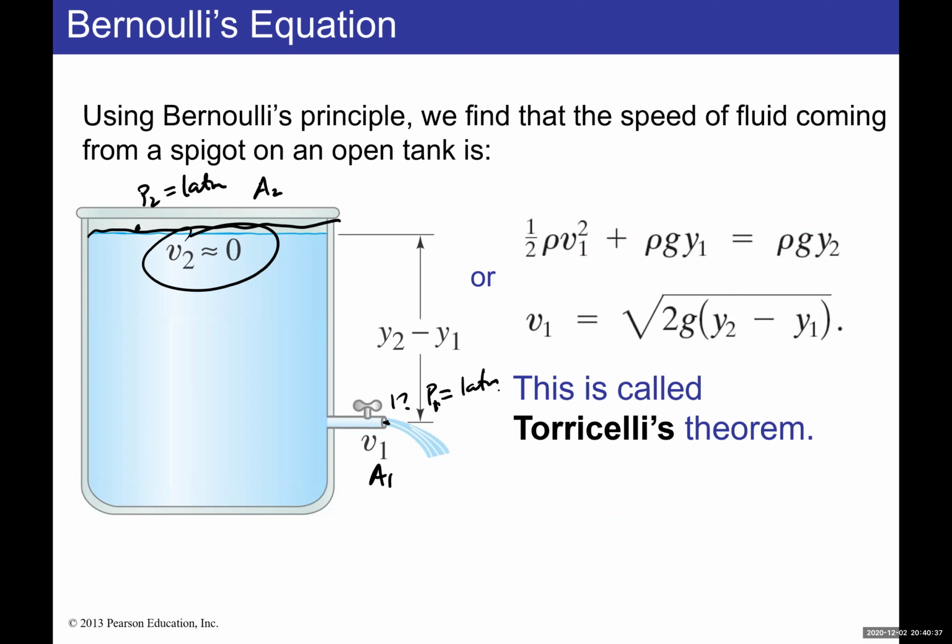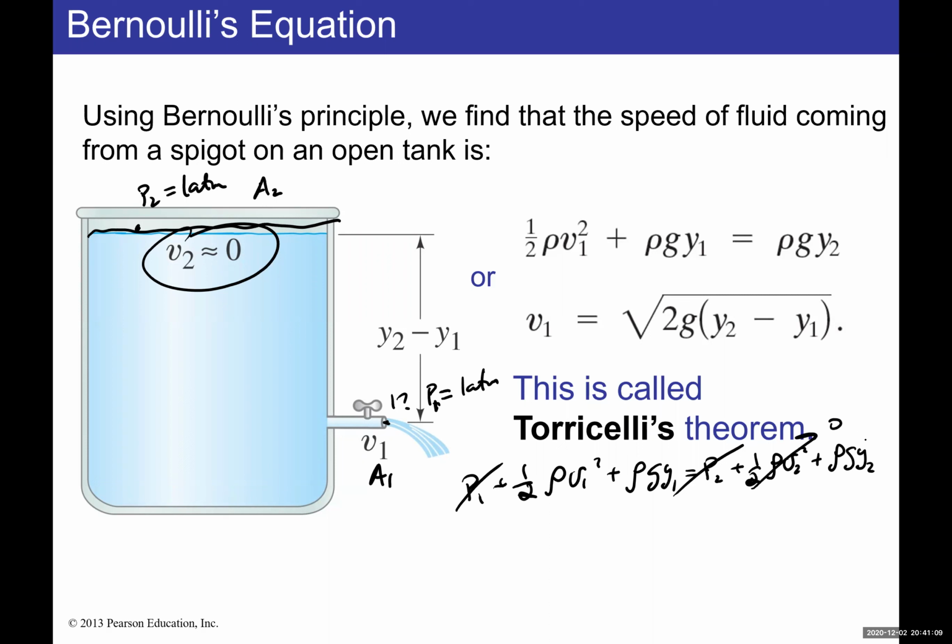Well, what I will do then is again use Bernoulli's: P1 plus 1/2 rho V1 square plus rho g y1 equals P2 plus 1/2 rho V2 square plus rho g y2. Well, I can cancel P1 and P2 because they're exactly the same.